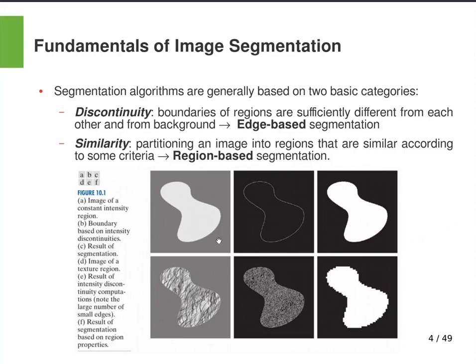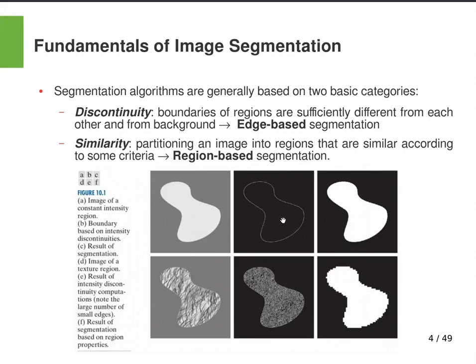Let's take a look at one example here. On top left, we have an image of a blob. The inside of the blob has a constant intensity, and the outside, which we call the background, also has a constant intensity. If we want to do the segmentation based on discontinuity, what we need to do is detect the boundary between these two regions.